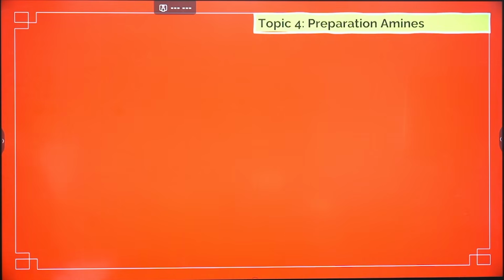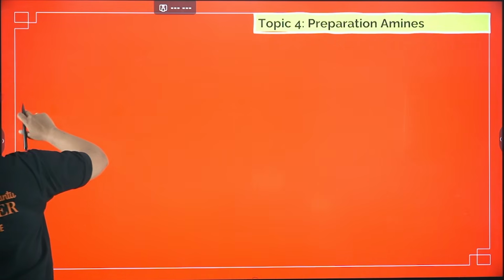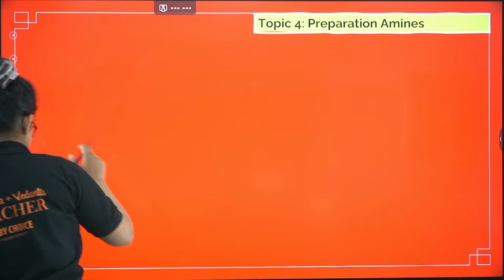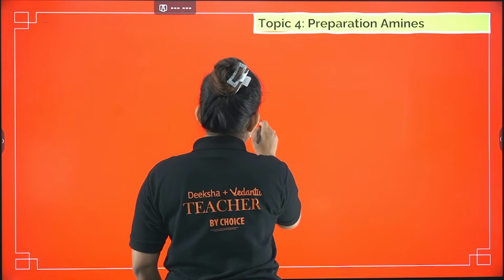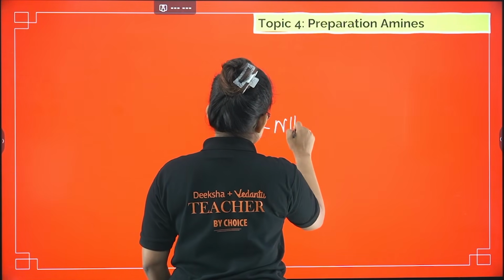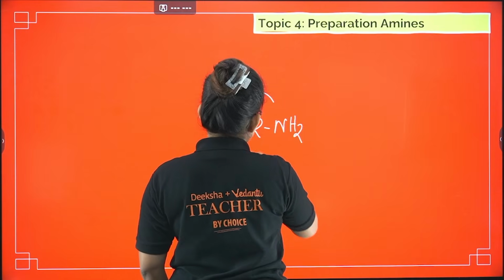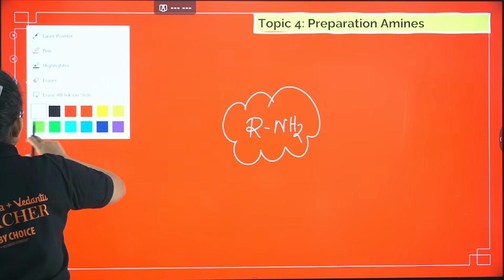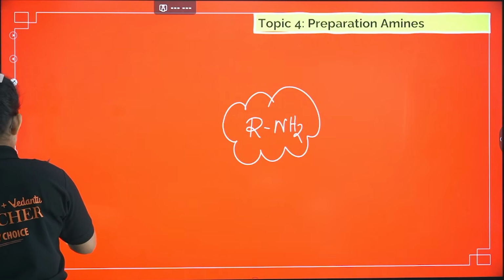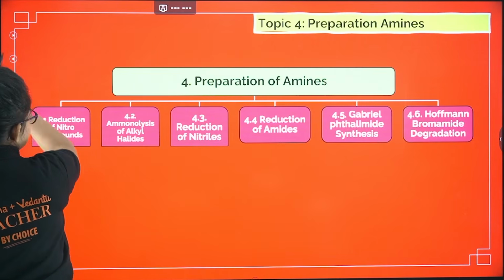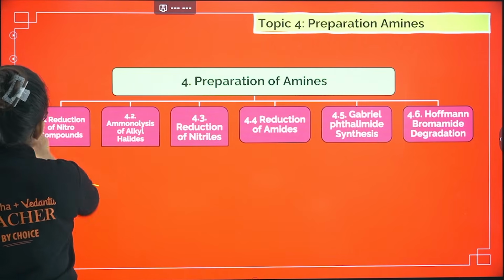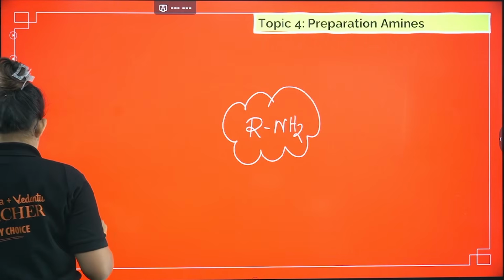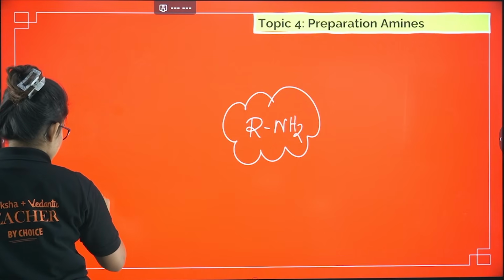Okay, so here I will try to make a brain map for you. Let's proceed. So we have to make RNH2, right? Okay, so we can start from what was the first thing, that is reduction of nitro compound. Okay, so let's say I am having a nitro compound like RNO2.